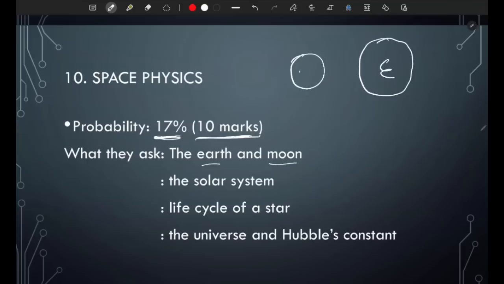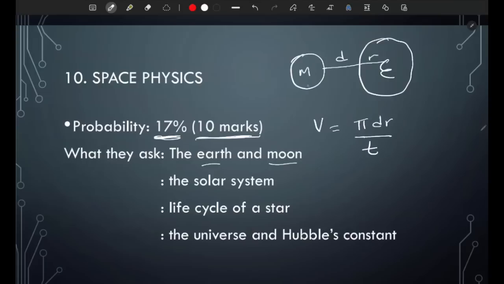Let's say this is the earth, this is the moon, and they give you the distance d, and also the radius to the center r, and they can ask you to find the speed. So the speed formula is pi d r over the time taken.